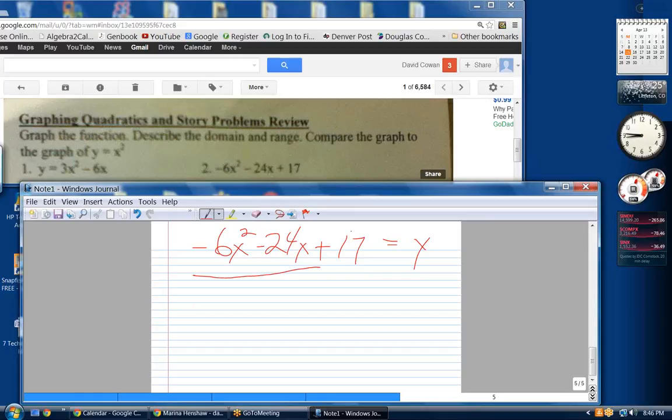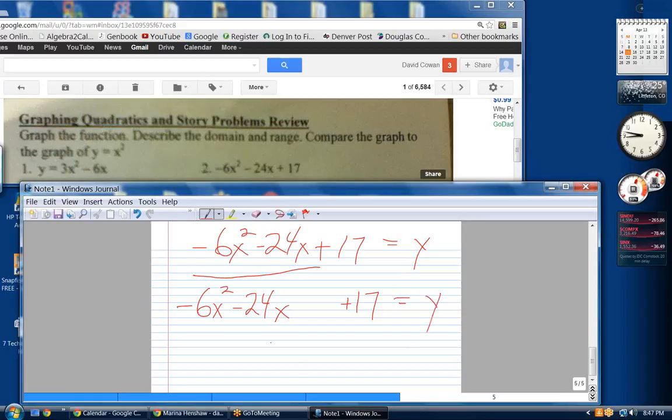And I don't really need to take that 17 to the other side. Here, I'm going to show you what I'm going to do. I'm going to complete the square with just the terms with x. And I'm going to leave the 17 on the same side of the equation. And this is all equal to y.